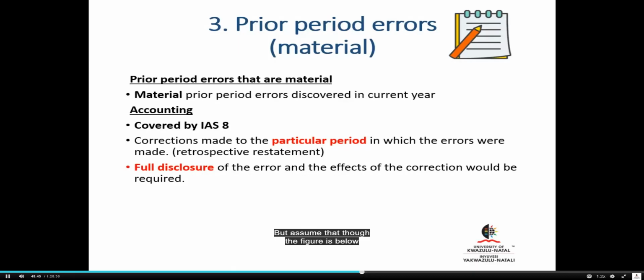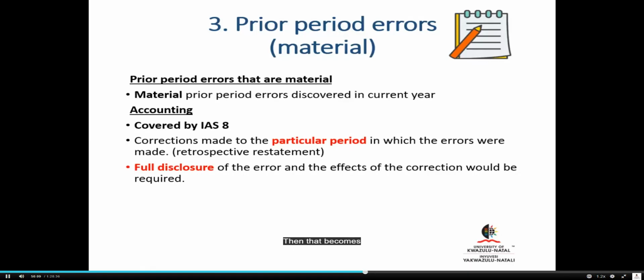But assume that though the figure is below 50,000, it is a result of theft by management. Would you make a decision as a banker to finance a company where management steals some resources from the company? No. You wouldn't, right?